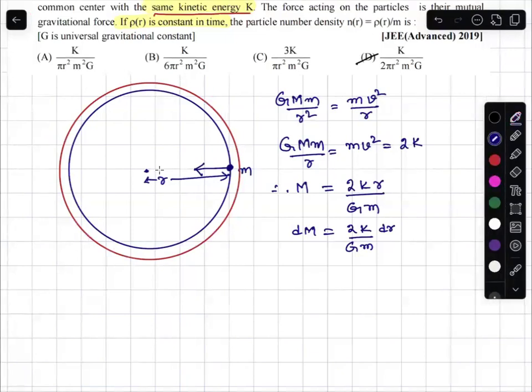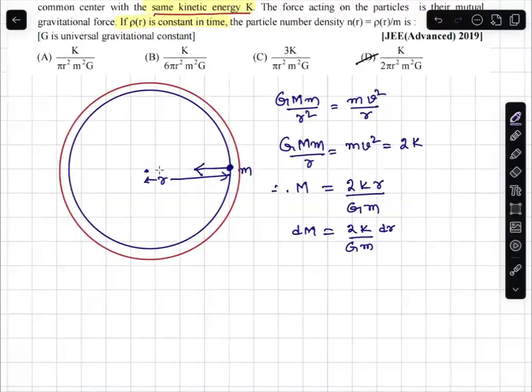So therefore, see, you know how to solve this, but just because of doing this fast, you are spoiling the concept. Whatever the mass in that thin portion, this is the dr. So 4 pi r square dr rho is 2k dr by g.